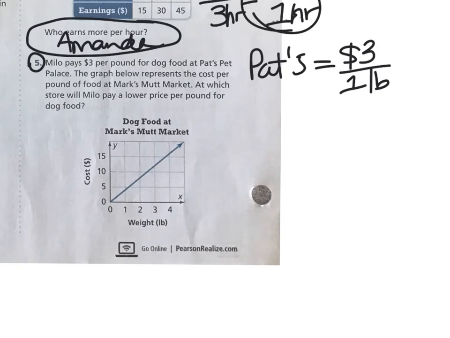Next, let's take a look at question 5. In the problem, it directly tells us that $3 per pound for dog food at Pat's Pet Palace is that unit rate. But as we look at the graph, you notice that I enlarged this so that you could look closely and see that the line that represents the relationship between the cost and the weight per pound at Mark's Mutt Market does not exactly line up with any of those crosshairs on the graph.